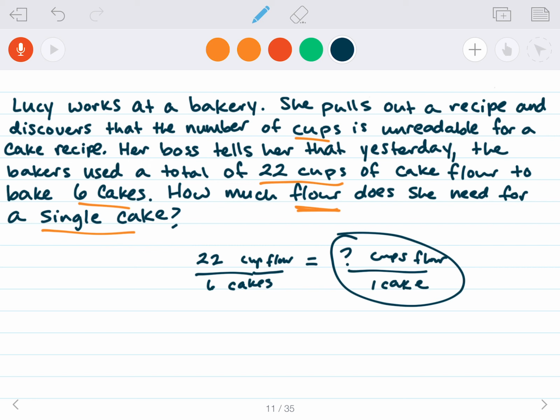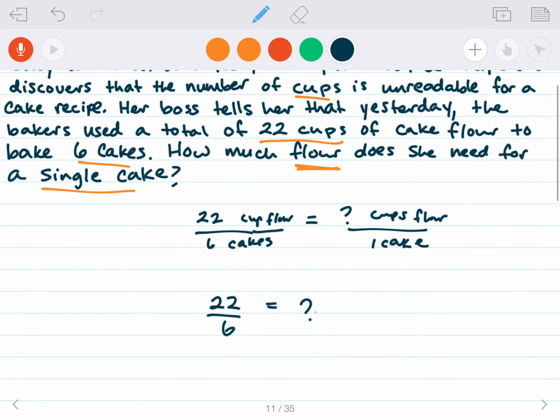All right. So how do we find it? Well, it's pretty easy. 22 divided by 6 equals question over 1, and question over 1 is just question on the right. So our answer is 22 divided by 6, which is about 3.7 rounded. So that's our answer: 3.7 cups of flour per 1 cake.